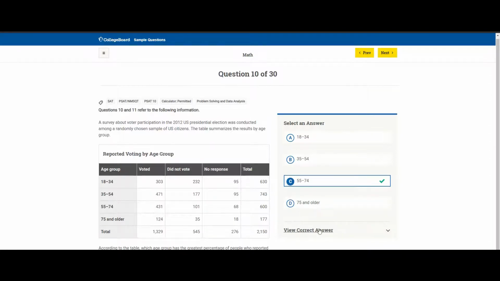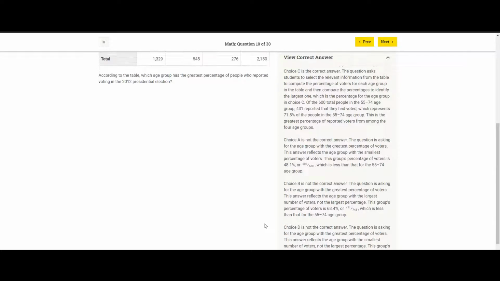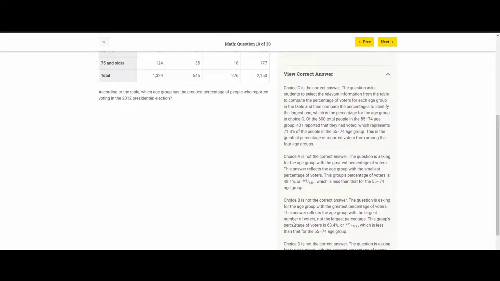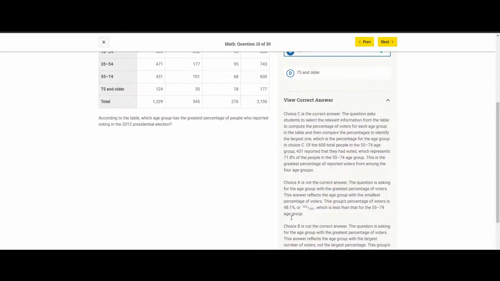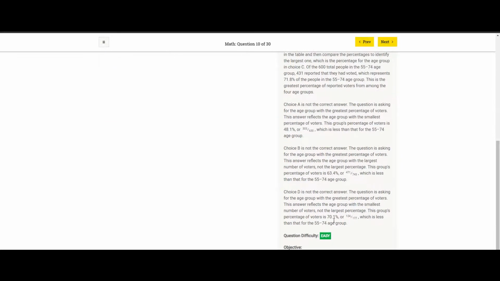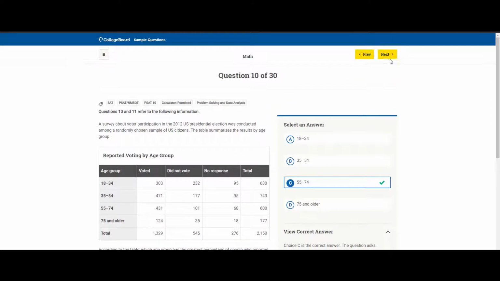It's definitely 55. Yeah, it's 55 to 74. My mental math definitely did not end up doing it quite enough, because this is definitely a calculator question. Definitely not a mental math question. So that's why I answered every other answer choice except for 18 to 34.